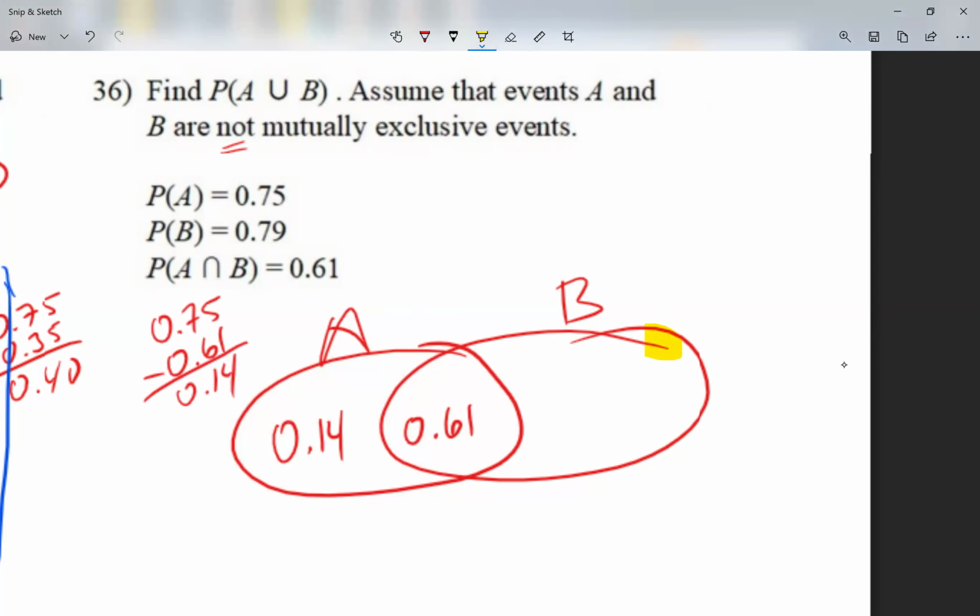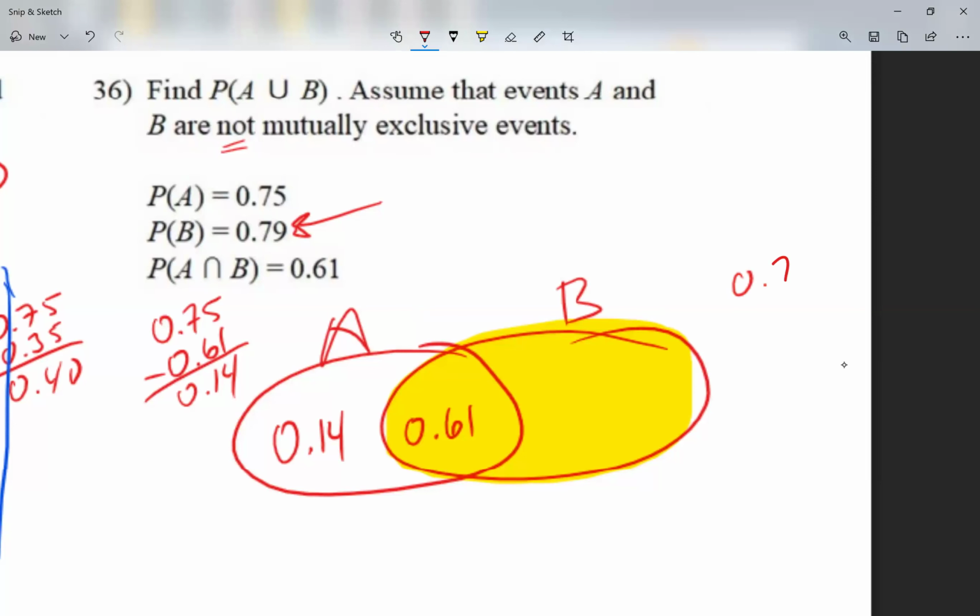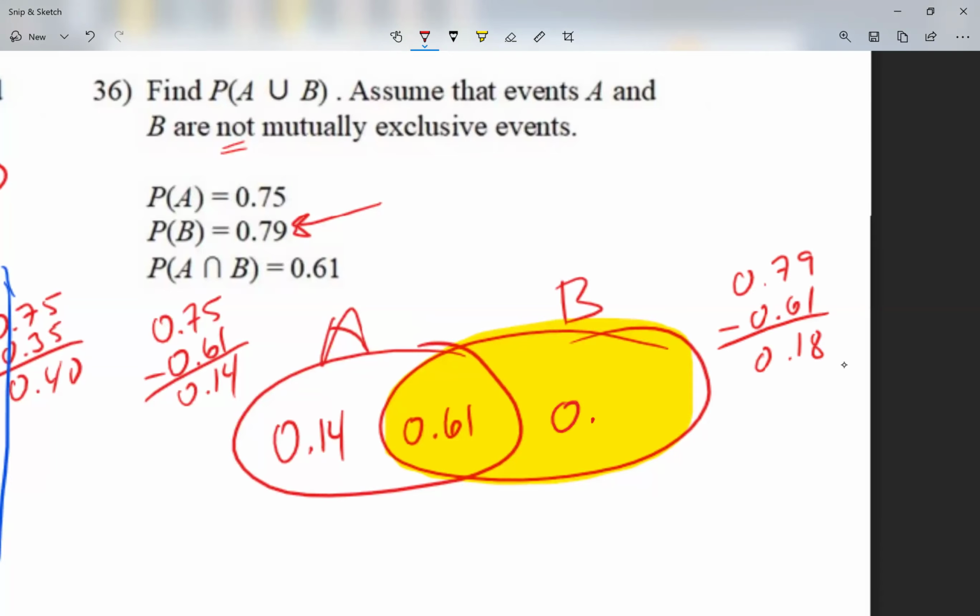When I look at probability B, that's this whole thing right here. I know probability of B is 0.79. So this whole thing is 0.79 minus 0.61. That gives me 0.18. So this part right here is 0.18.